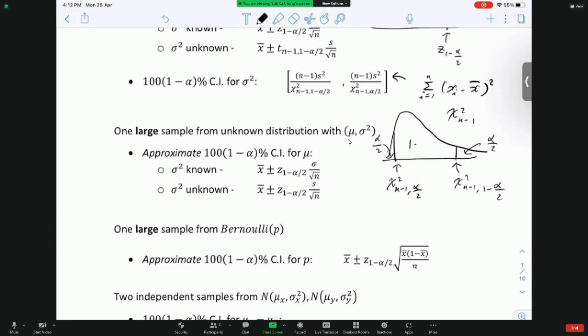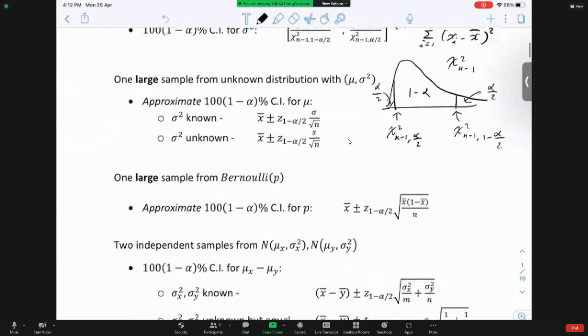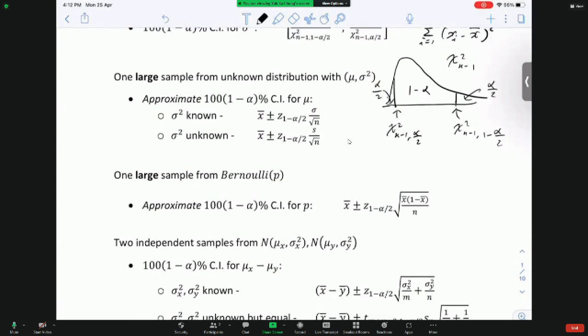So that the area in between is 1 minus alpha, because we are constructing a confidence interval with confidence level 1 minus alpha. The coverage is 1 minus alpha. Now, this is the scenario when we have a sample from a distribution known to follow the normal.